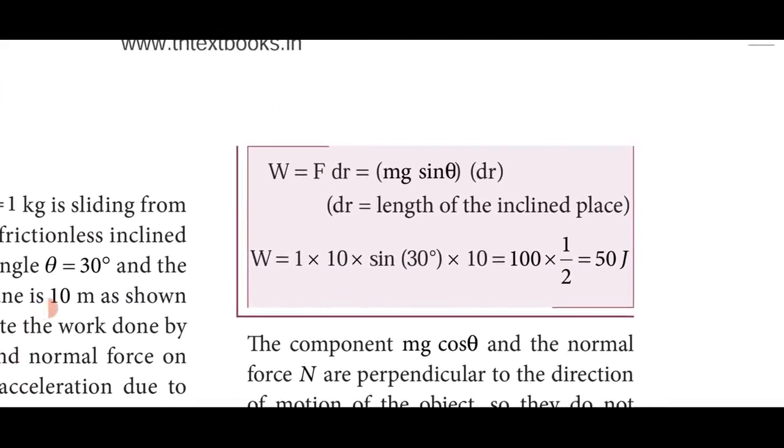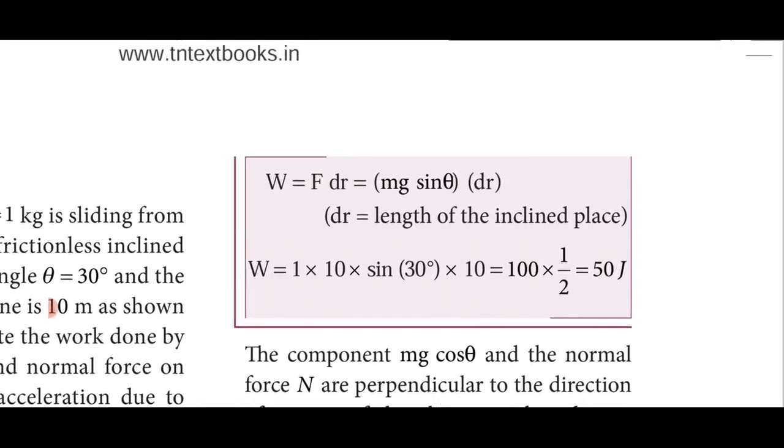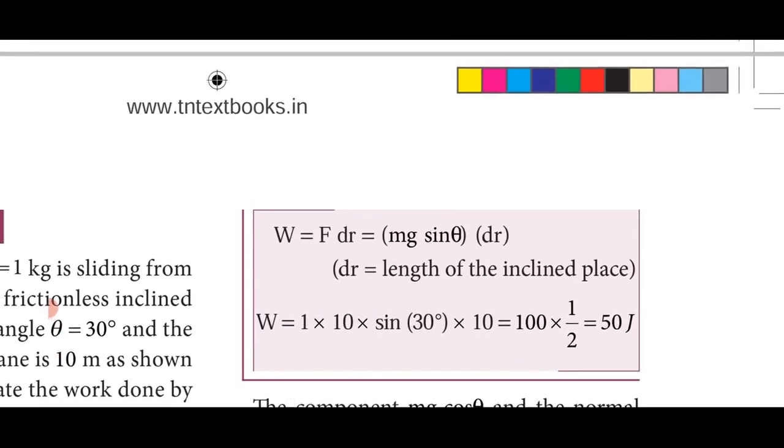So W is equal to F dr, that is mg sin theta times dr. dr is the length of the inclined plane. So W is equal to 1 into 10 into sine of 30 degree into 10. Substituting the values, it becomes 50 joule. That is the answer for example problem 4.3.